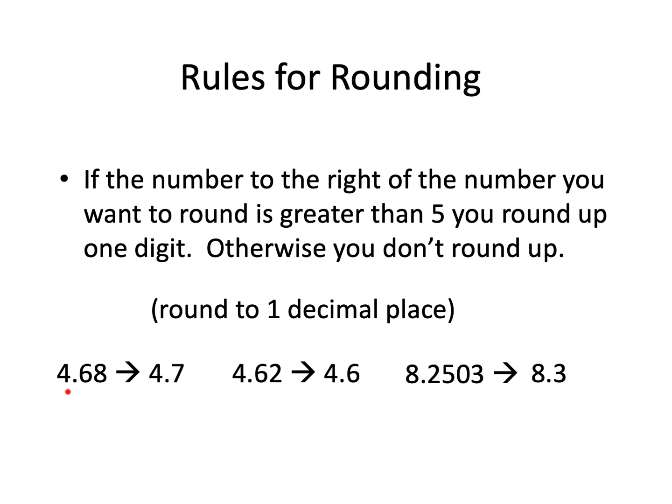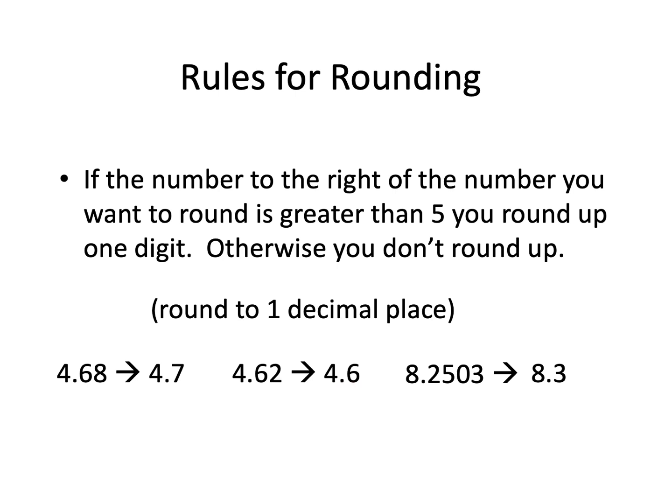So 4.68, I want to round to the 1 decimal place. 8 is bigger than 5, so I need to round that 6 up to 7. That gives me 4.7. Now I have 4.62. The 2 is less than 5, and so I don't round this 6 up, and that gives me 4.6.